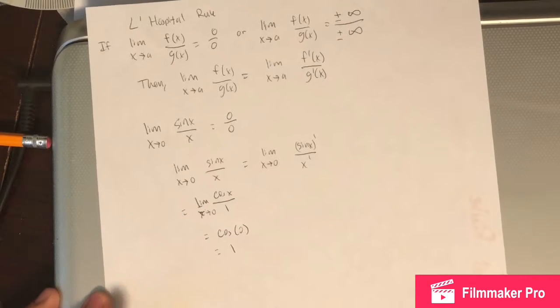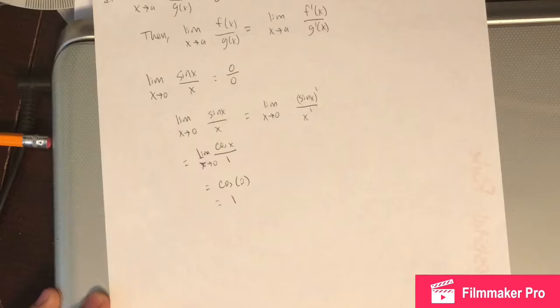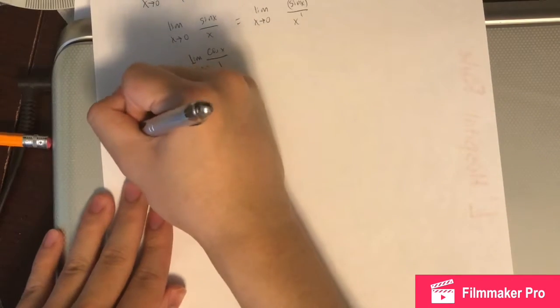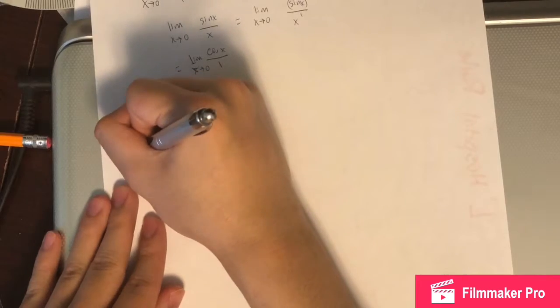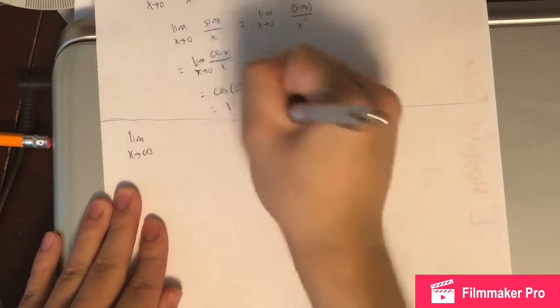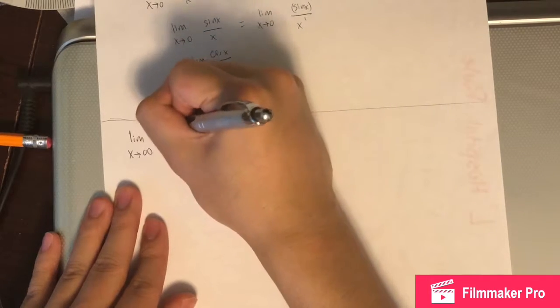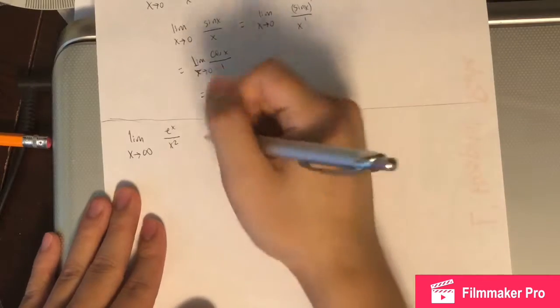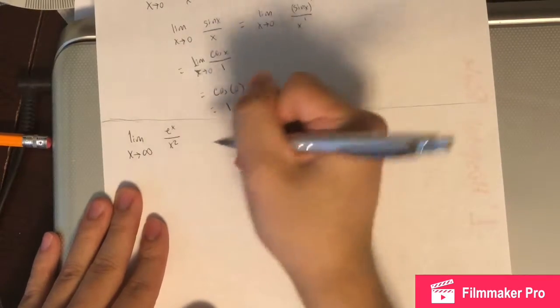And now a more complex question. The limit of x to infinity of e to the power of x over x squared. So we would do the original steps.